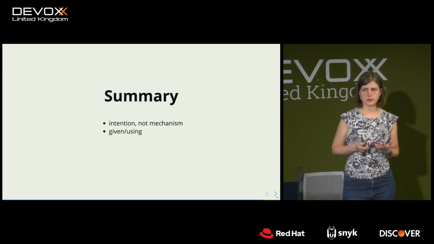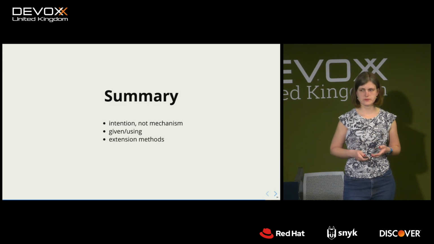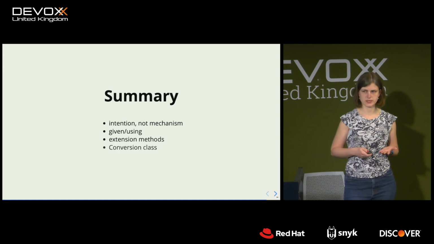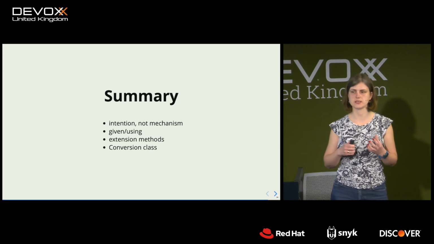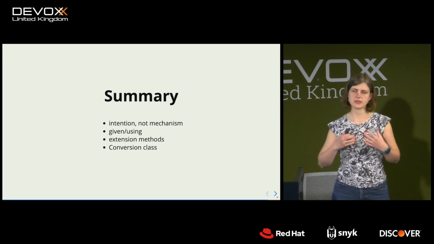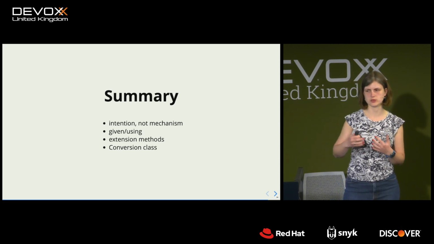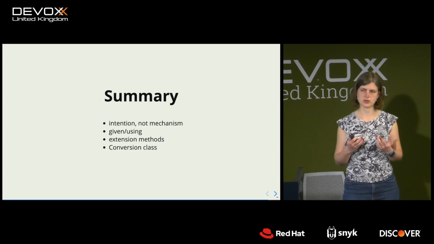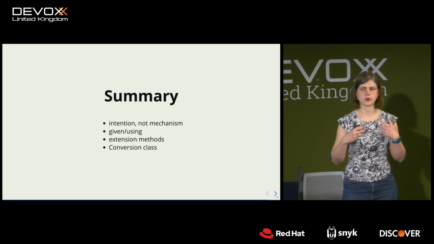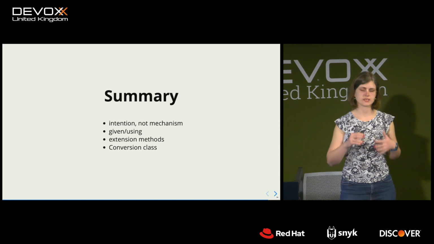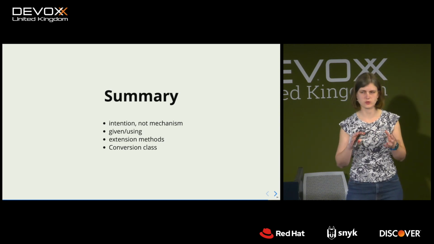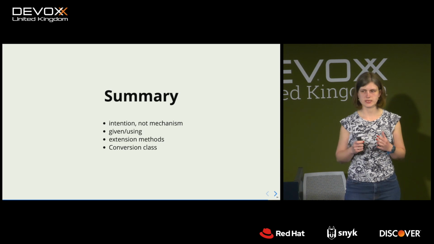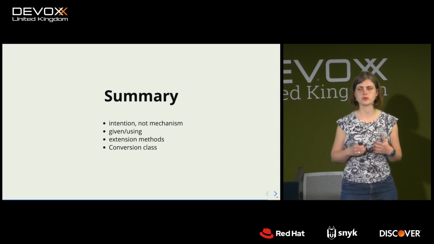The most important pair is the given and using, but together with extension methods, conversion class, and the more helpful compiler messages and cleaner imports, I think it will make writing contextual abstractions a bit easier, a bit more out of the box, so that you don't have to consult the documentation so much, you don't have to circle back to your colleagues to explain it to you, because it's a couple of new tools which do one thing and do it well.